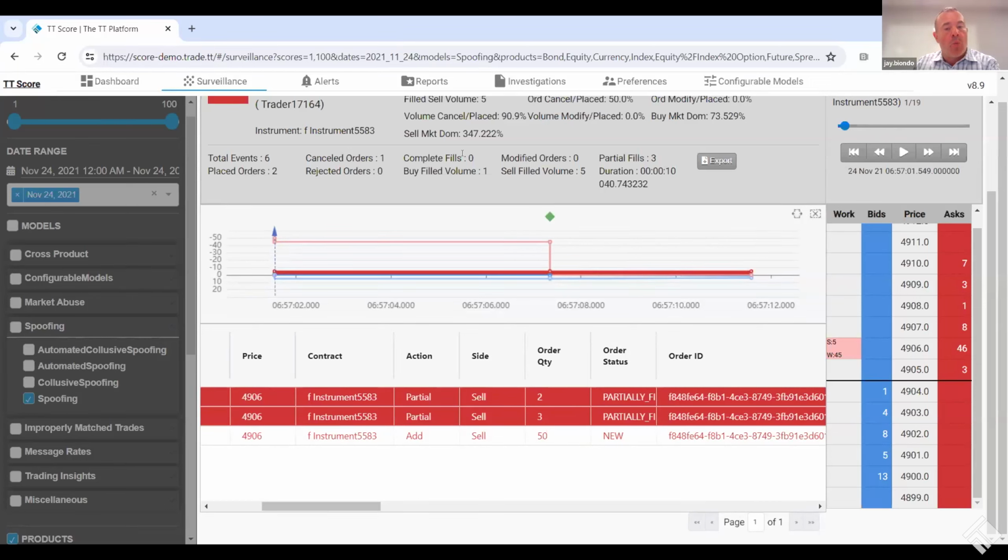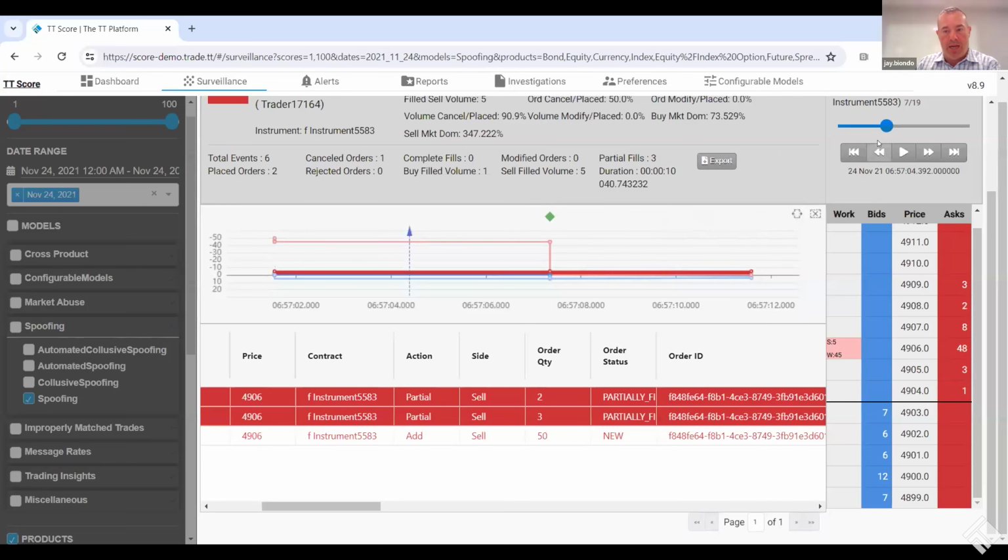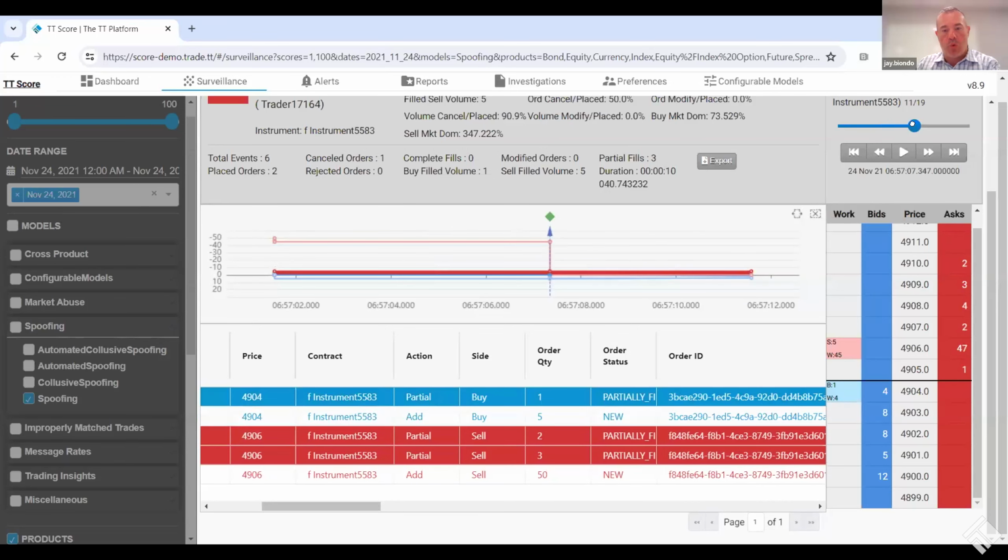Now what you can do is step through the events within the cluster. I'm just taking my mouse and moving forward in time here, and everything on the screen is going to update in unison. As I move forward, I'm going to get to a point in this chart where we come to a diamond.